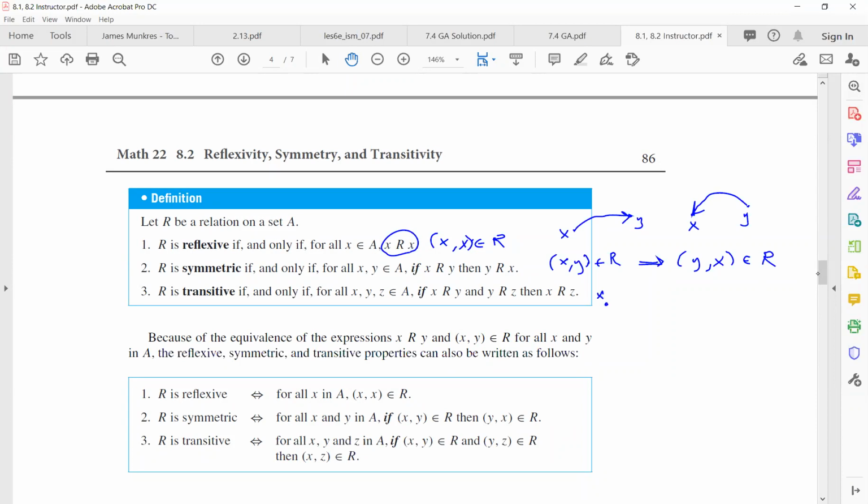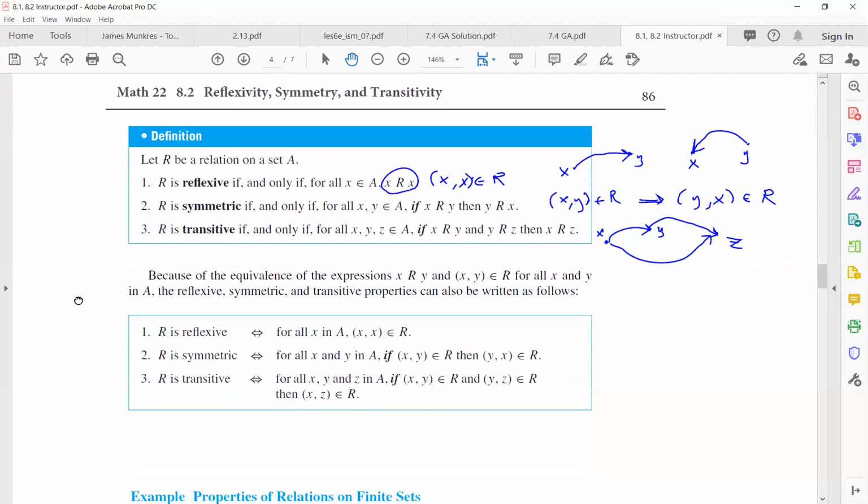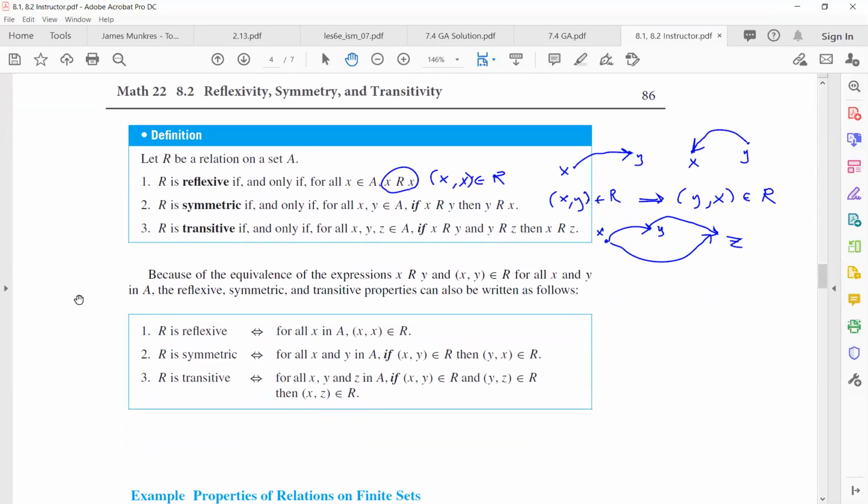So if you have x connected to y, and also y connected to z, then you can conclude that x is also connected to z. Equivalently, you can just use the points (x, y), (y, z), and (x, z).